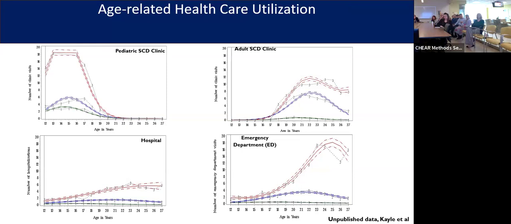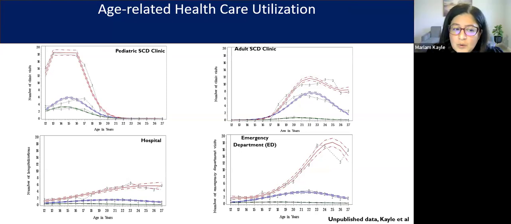In these models for the clinic visits, there were some patients who used the adult clinic while they were still under pediatric care? Is that what these models are showing? No, some of the patients transitioned.